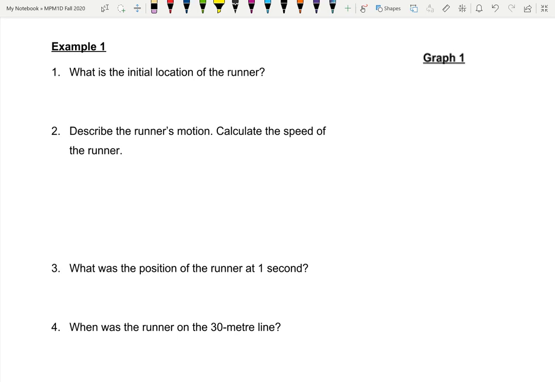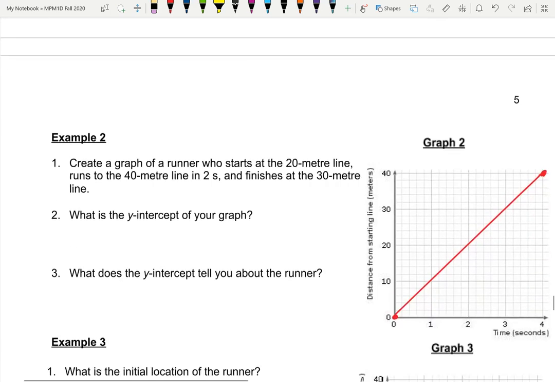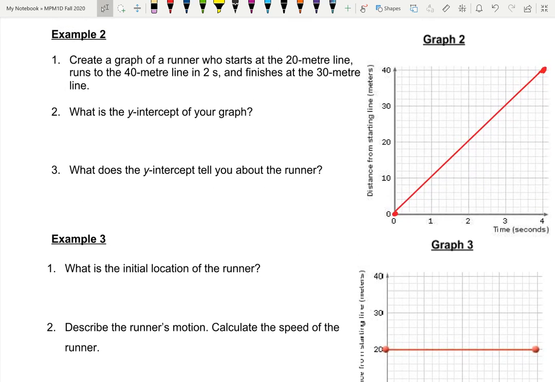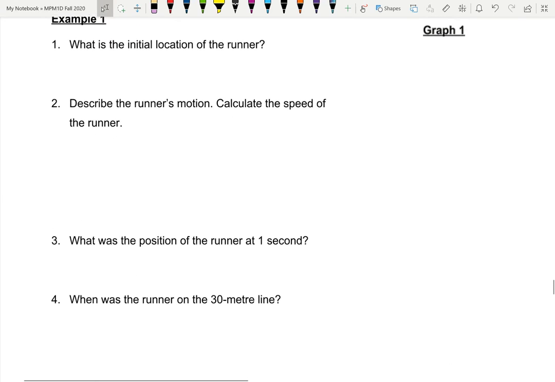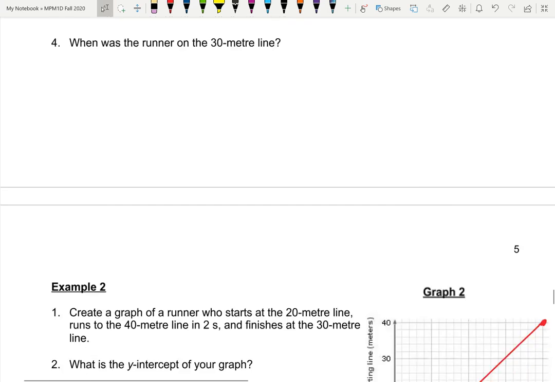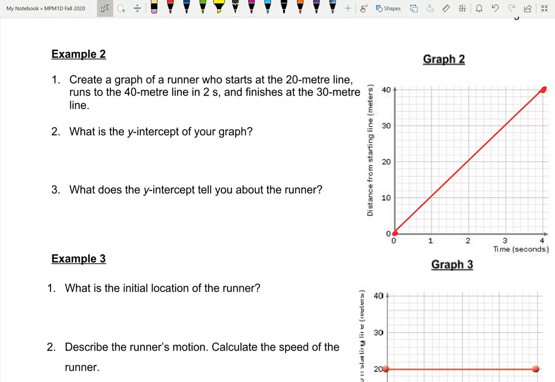My graph 1 didn't appear for some reason, so I just drew what you have on your paper for graph 1 here on graph 2. It's asking us to identify the initial location of the runner. This is a graph of someone running a certain distance over time.